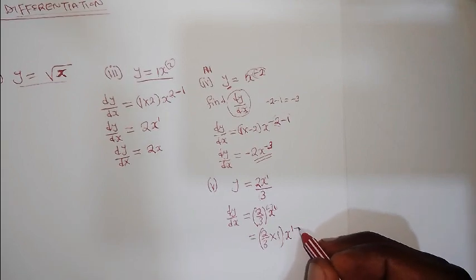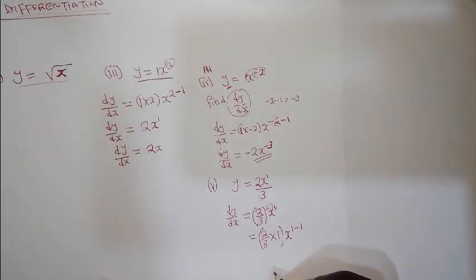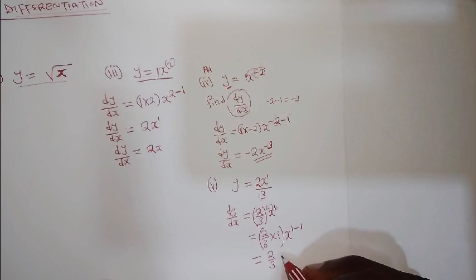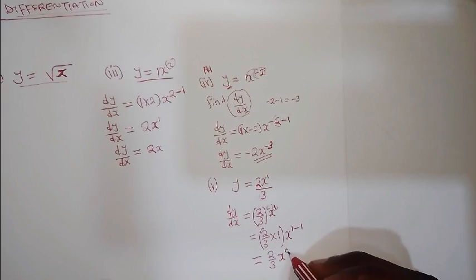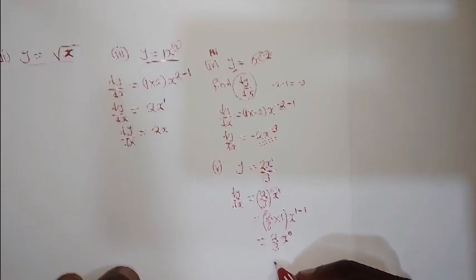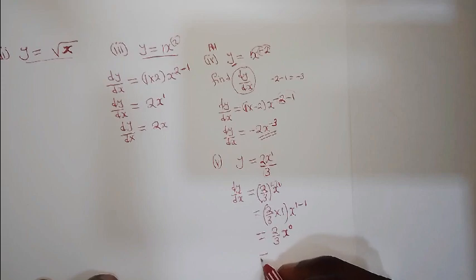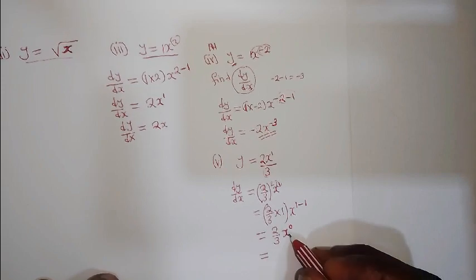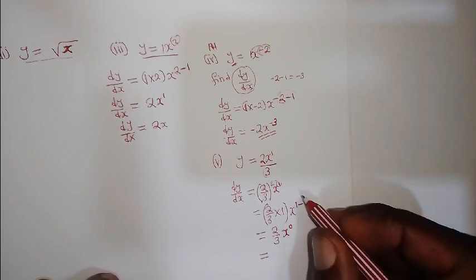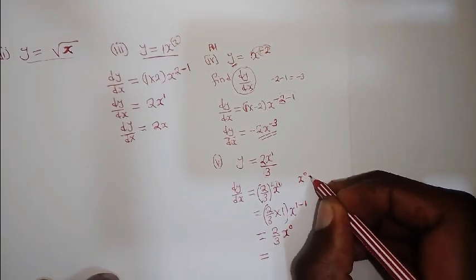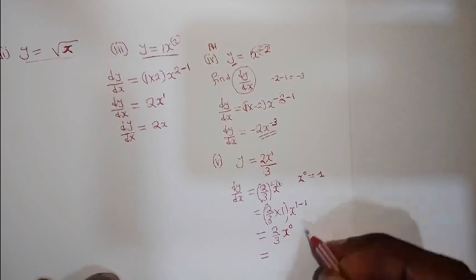So the power will reduce by 1, which is 1 minus 1, and now this one is just going to be 2 over 3, then x to the power 0. Now we know that any number raised to the power 0 is just 1.